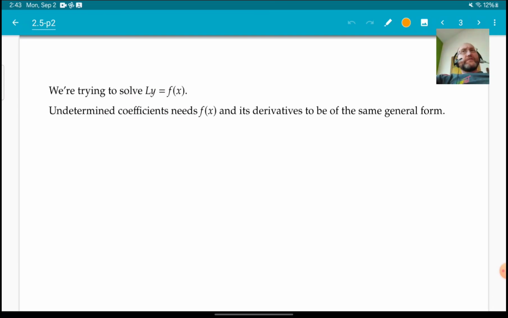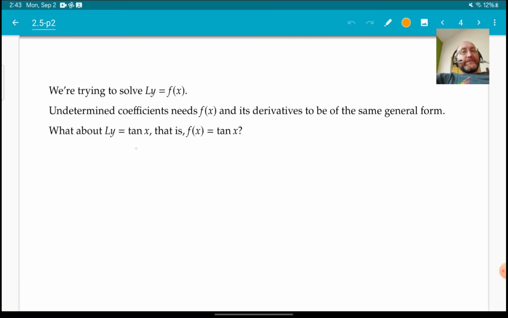Undetermined coefficients is relatively easy, but it requires one thing about F: when we start taking derivatives of F, we are getting the same sort of thing, that they all have the same general form, where we have a bunch of constants that we can solve for. But that's not true in general for many f.